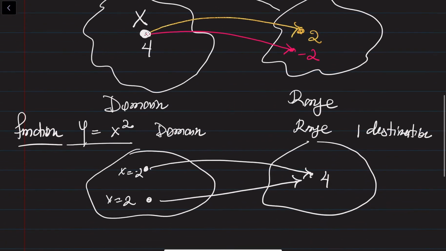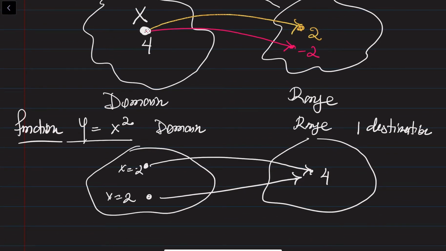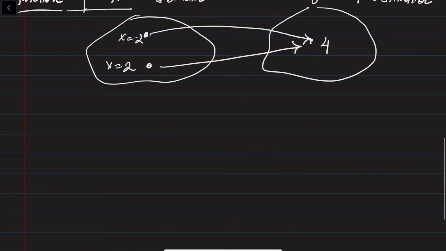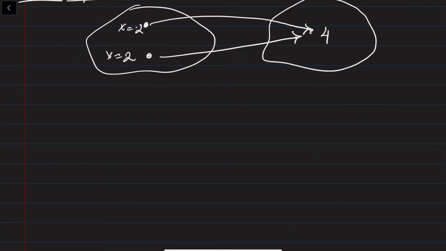One of the ways to identify whether you've got a function or not is to test it using the so-called vertical line test.